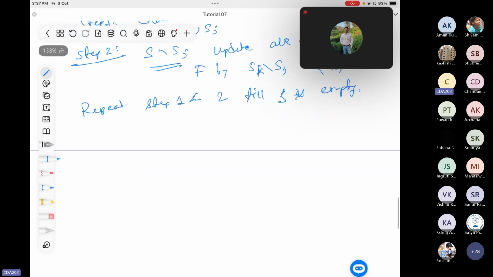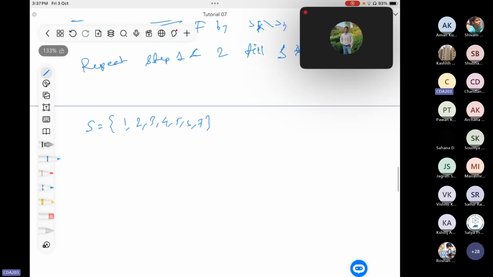So what does it mean actually? Let's go back to our example again. I just wrote some families.